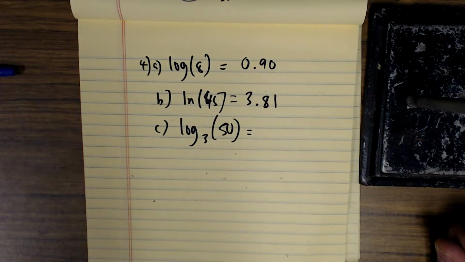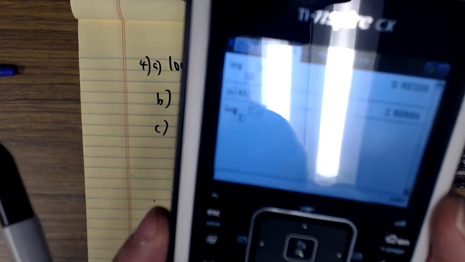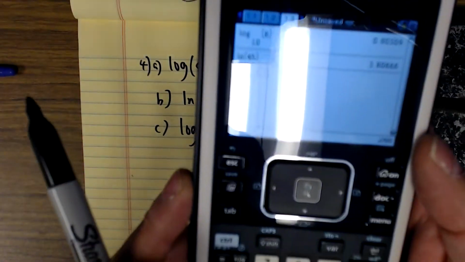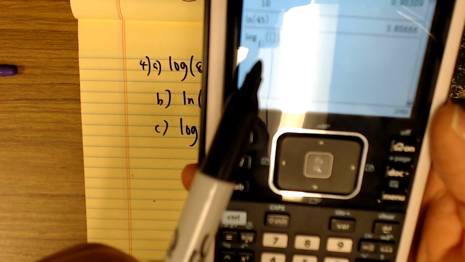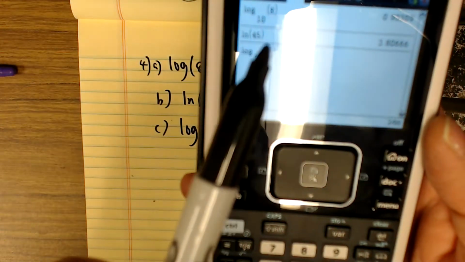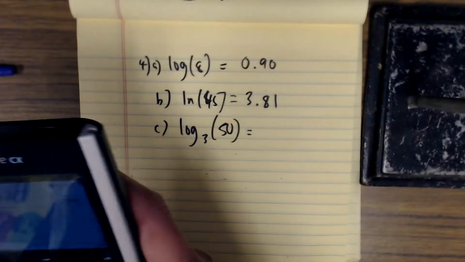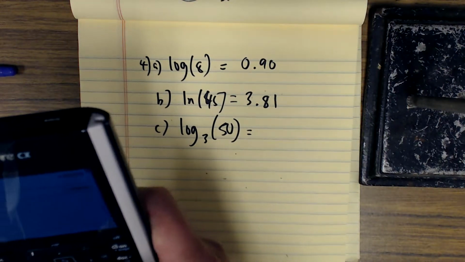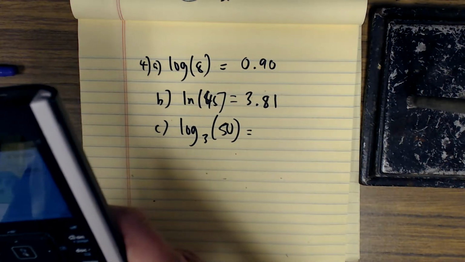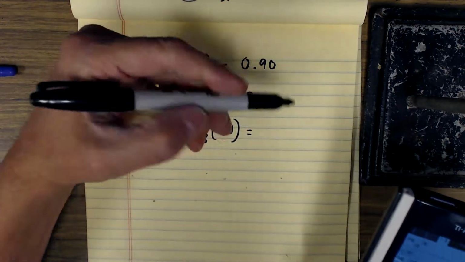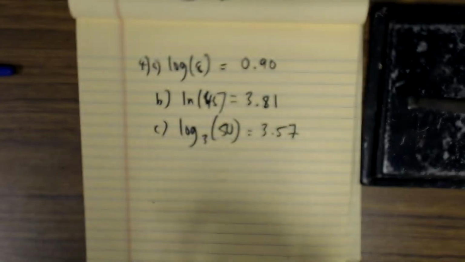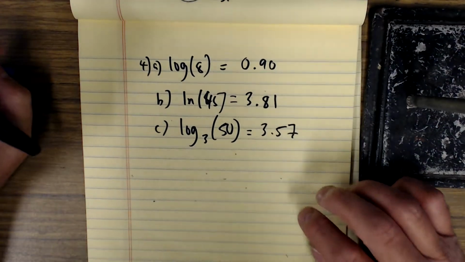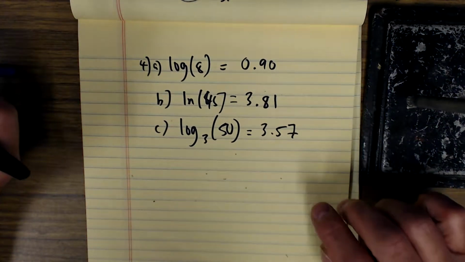So it'll pop up with log, and then you can put the base in, any base you want, and then the value you want. So we want log base 3 of 50, and I get 3.57.